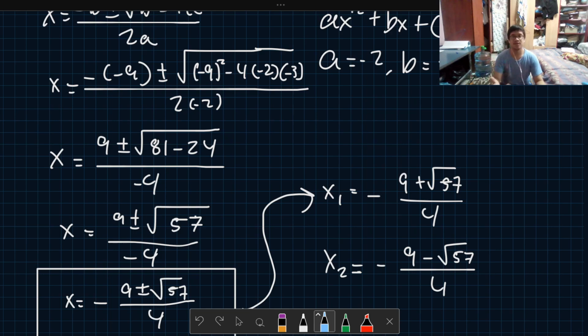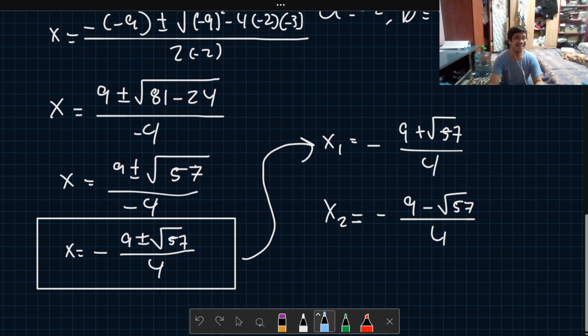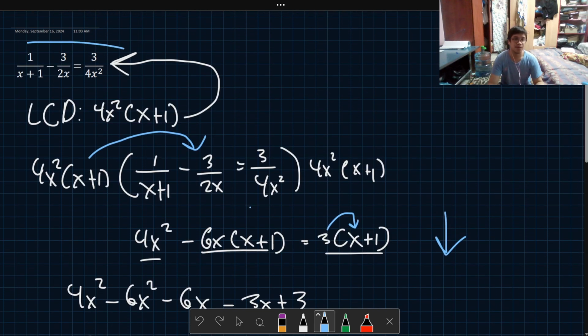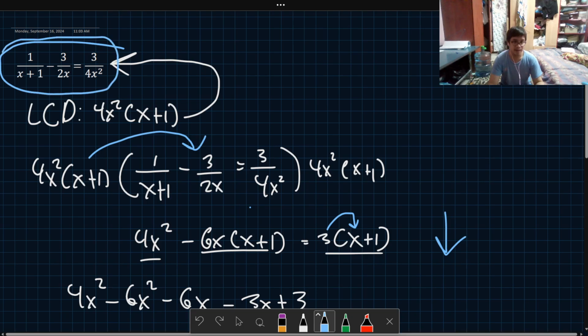What I'm trying to say here is that for you to know if it really is the solution, like x sub 1 is the solution, x sub 2 is the solution, is by what? By substituting these x values here. Then make sure that the result overall would just be the same from the left to the right.